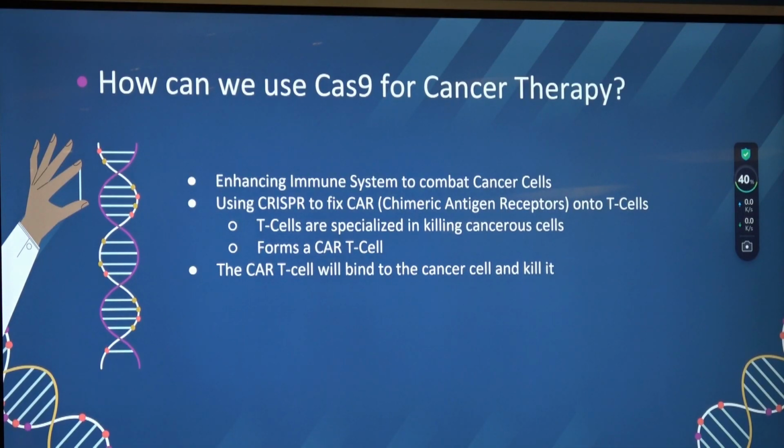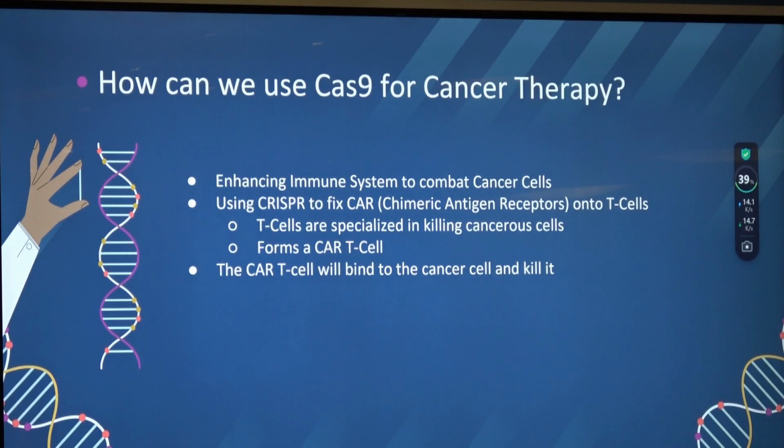Basically, what they did was use something called a T cell. A T cell is a type of white blood cell that attacks viruses and such. And using this T cell, they're able to kill cancerous cells, but they're not too efficient. So hence, the researchers used something called a CAR T cell.